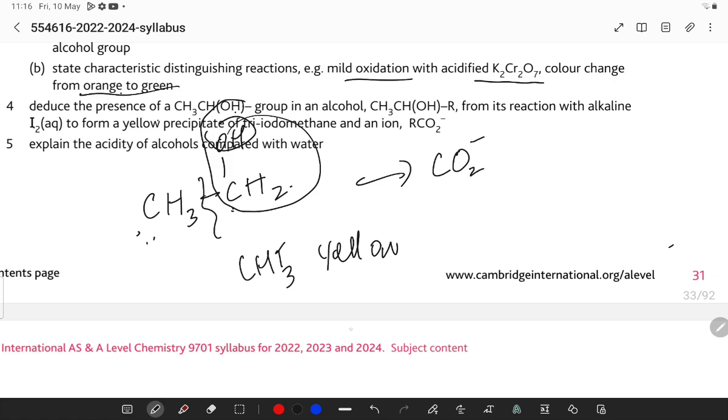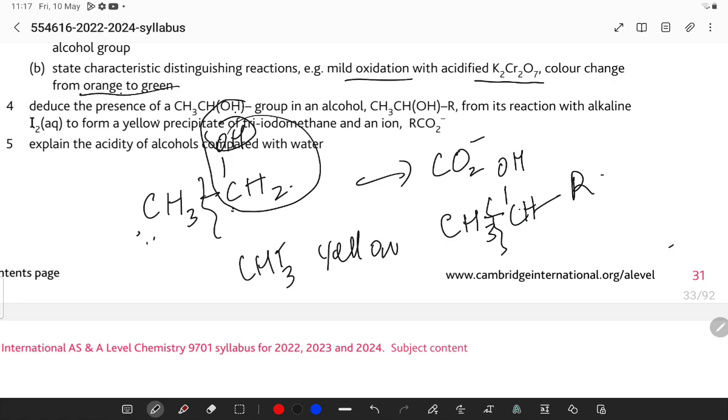Or if like this, CH3, CHOH, and this is the R group, this also gives triiodomethane.